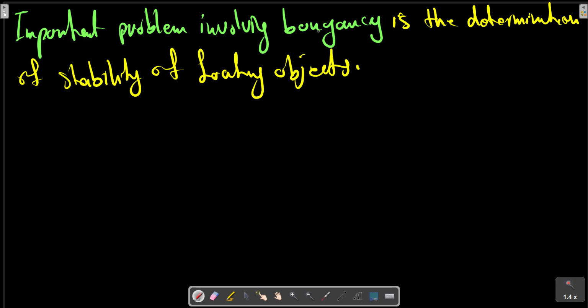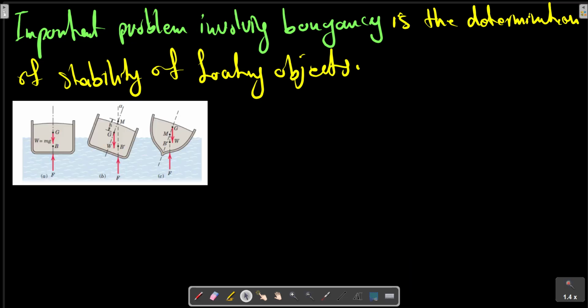Consider a ship hull shown in cross section in an upright position in the figure here. Point B is the centroid of the displaced volume and is called the center of buoyancy.